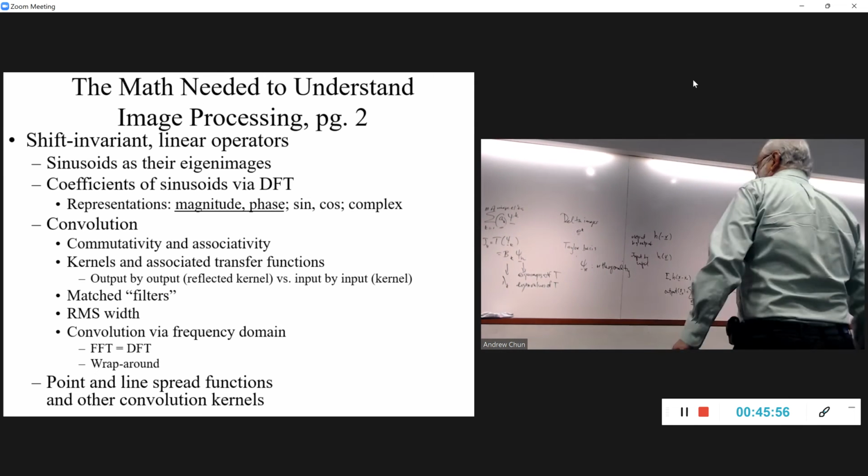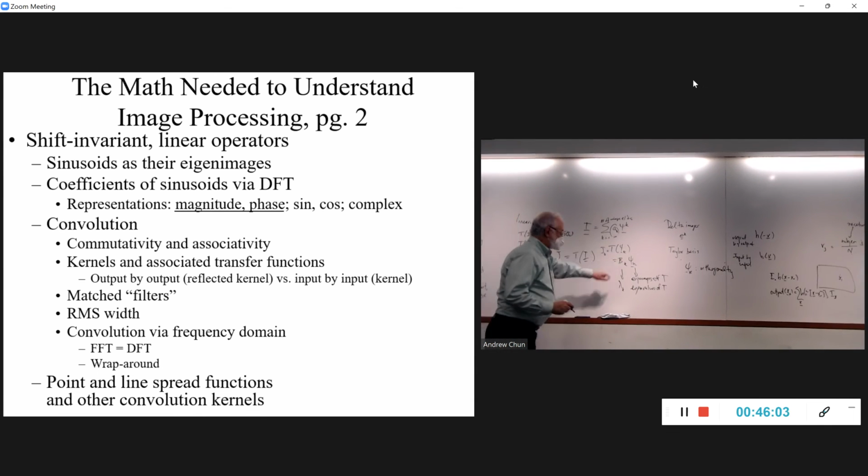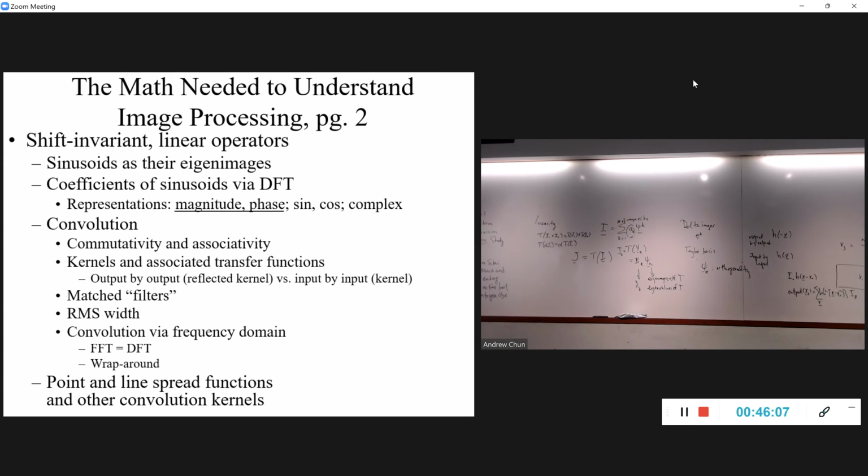And because these H's, these convolution kernels, are images themselves, you can take them into the frequency domain, the H's, and you get what we call transfer functions or filters, right?